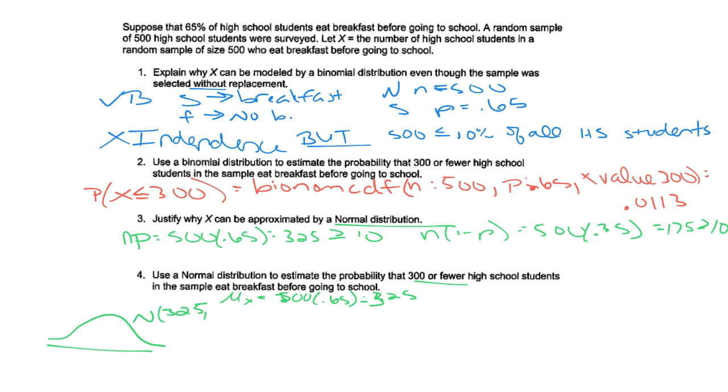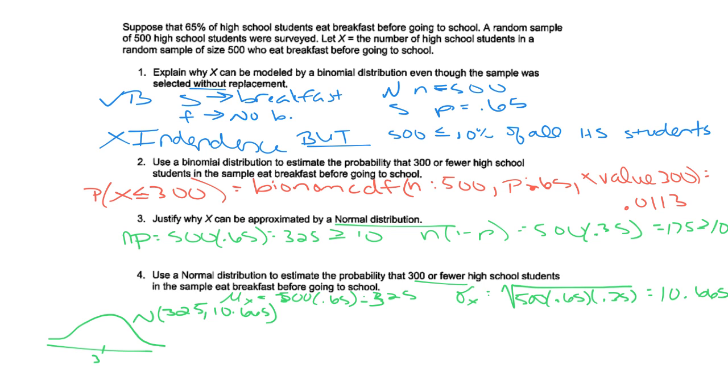I also need a standard deviation. Again, it's a binomial, so I can use my formula here of the square root of 500 times 0.65 times 0.35, which will give me a standard deviation of 10.665. So I can use that to finish labeling my curve.